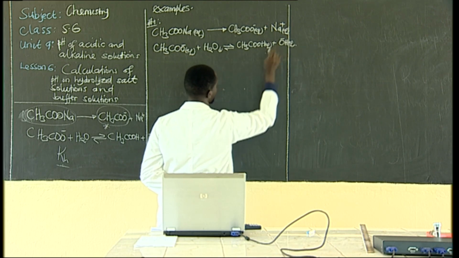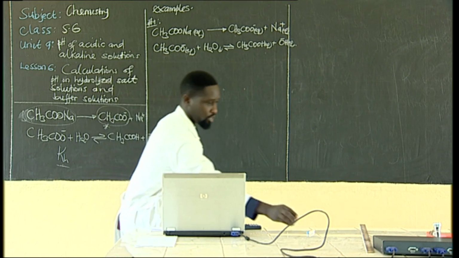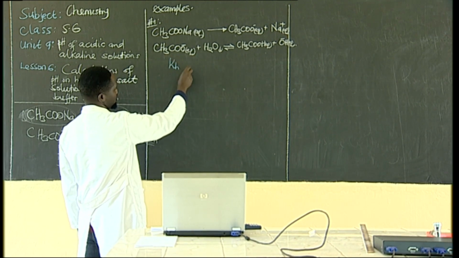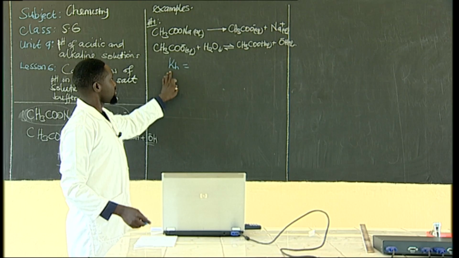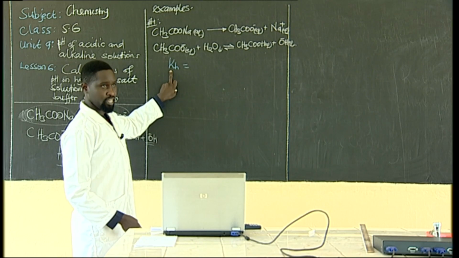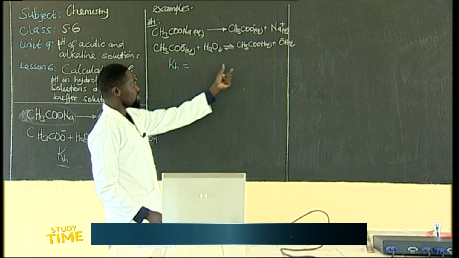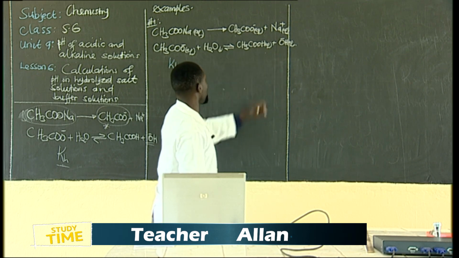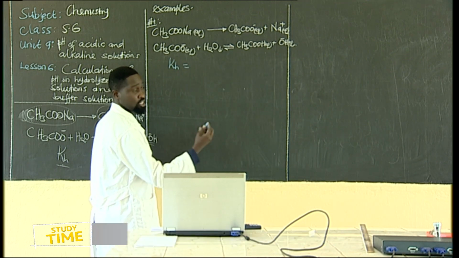ions. So from that equation, here comes the KH. Like any other equilibrium constant, we get it by looking at the product of the products raised to their stoichiometric ratio.